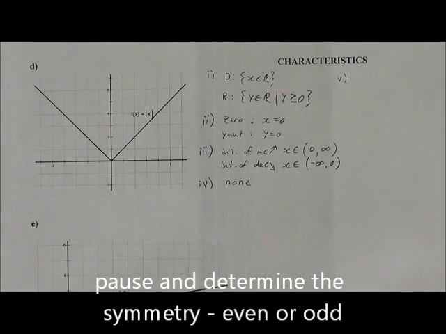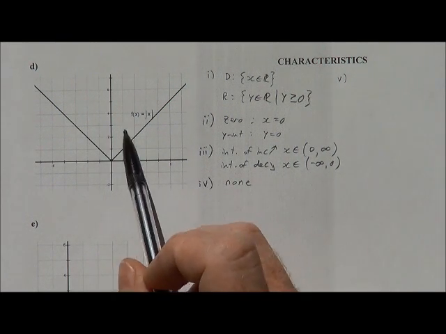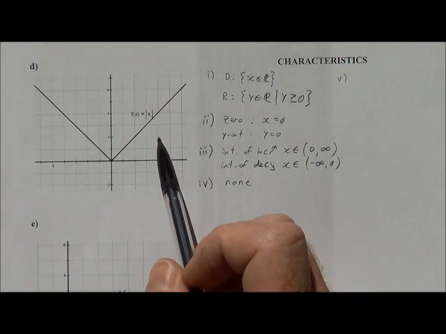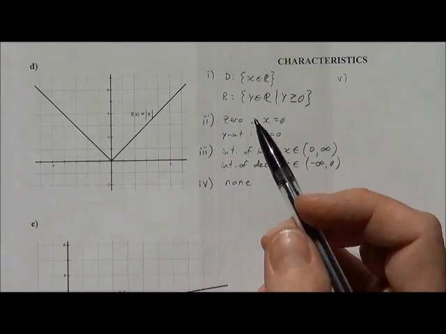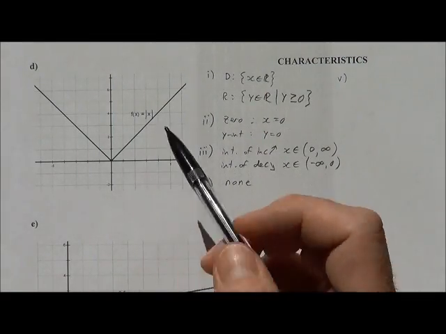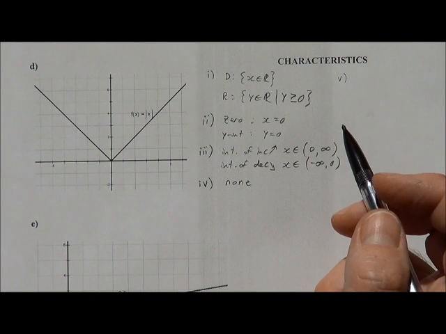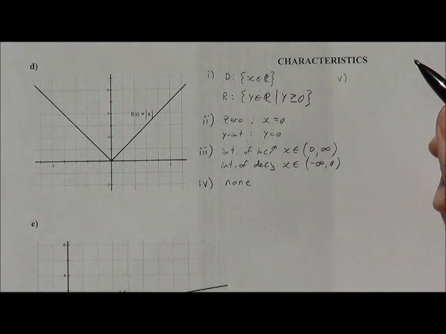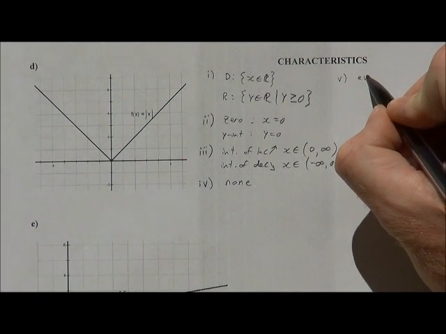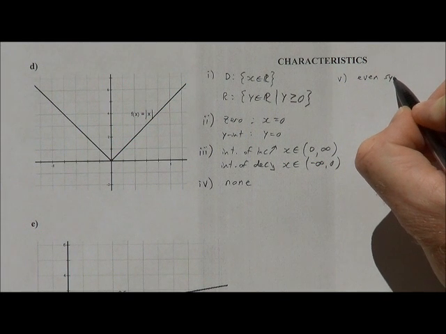Symmetry of the function, even or odd. Well, if you were to reflect this in the y-axis, the reflected function would land back on the original again, so it is even symmetry.